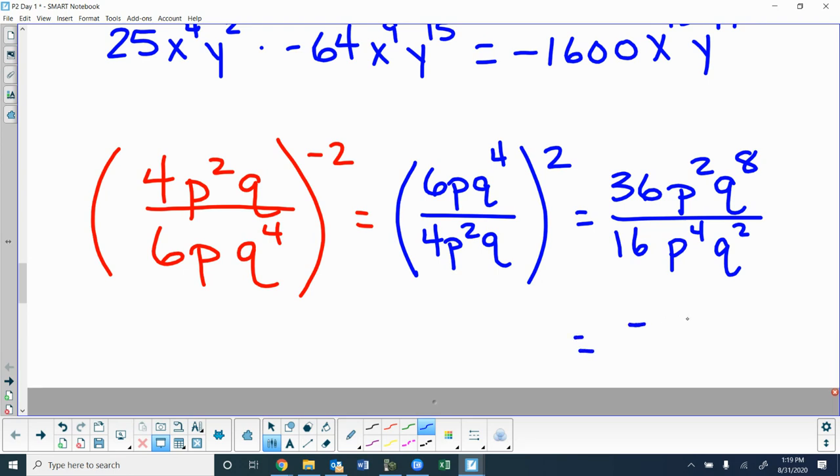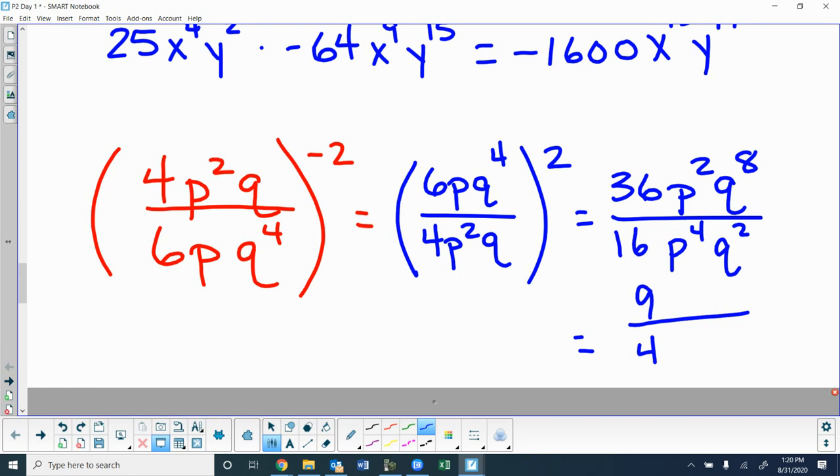So, what number goes into 16 and 36? 4, right? 4 is the biggest. So, 4 goes into 16. 4 times 9 goes into 36. There's my coefficients.